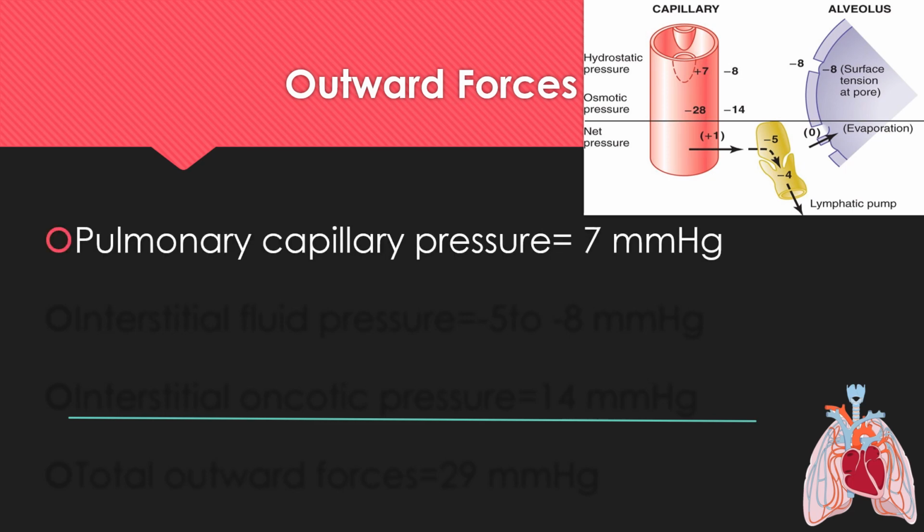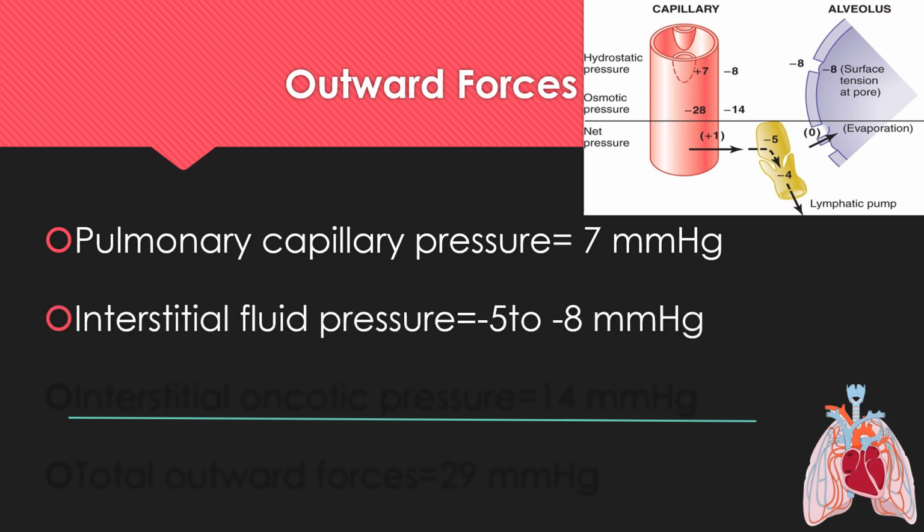The outward forces: the pulmonary capillary pressure, which is 7 millimeter of mercury, pushes the fluid out, and then the interstitial fluid pressure, which is slightly negative, minus 8 millimeter of mercury.